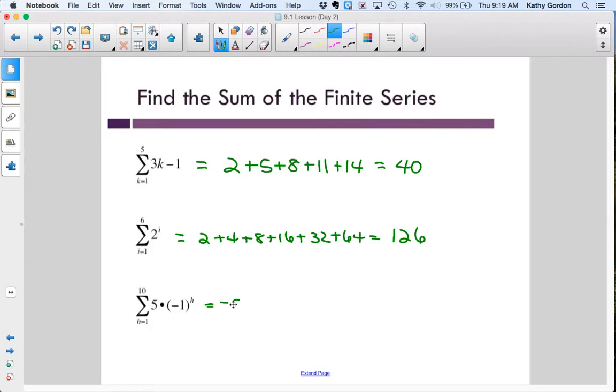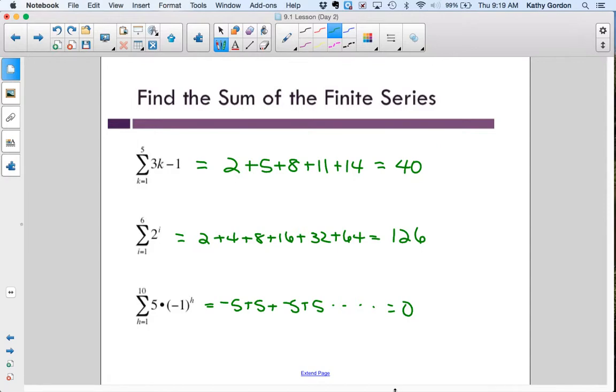We start with negative 5, 5, negative 5, 5, and it would go 10 times, but you can see that every 2 are going to cancel each other out. So the fact that I go an even number of times means that in the end, it's all going to cancel each other out, and I'm going to get 0.